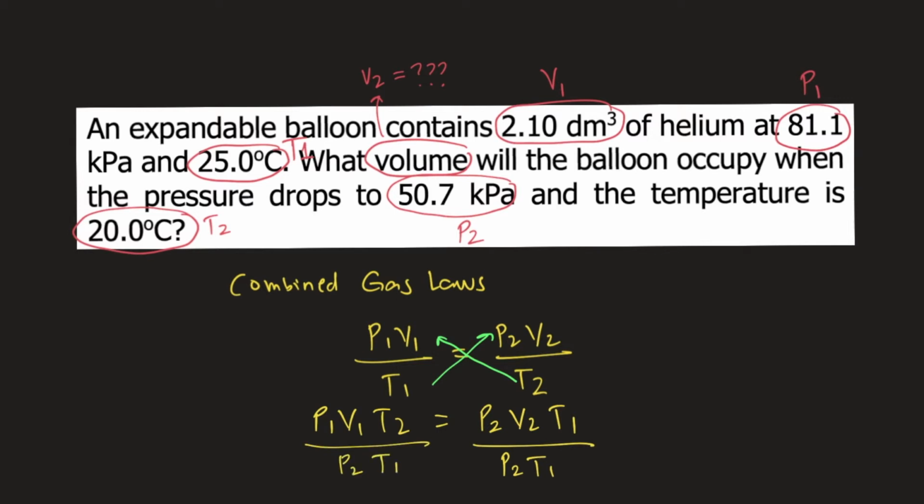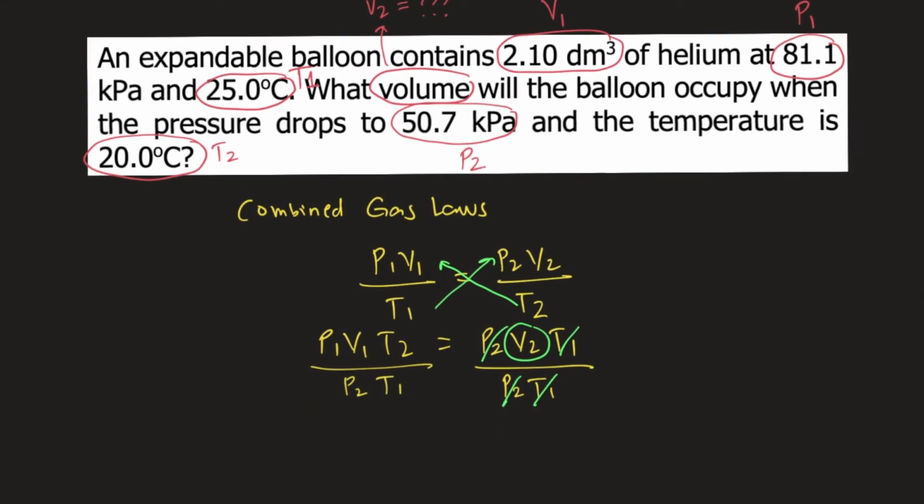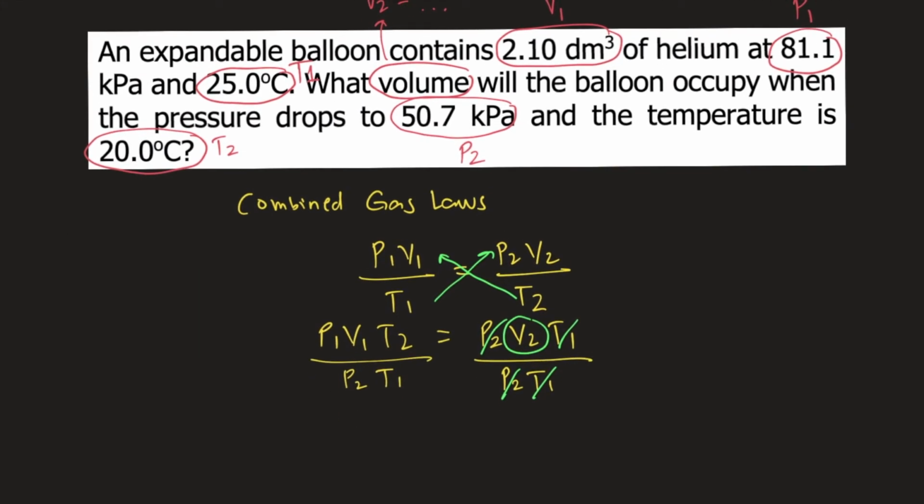So P2 and T1 would cancel on the right side, and you're left with V2. So our equation becomes V2 is equal to P1 V1 T2 divided by P2 T1.